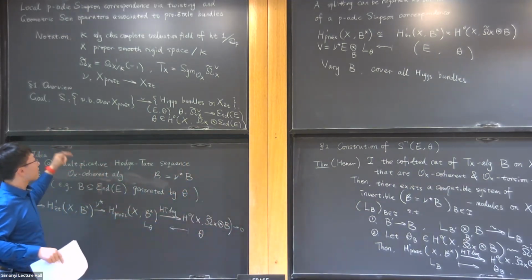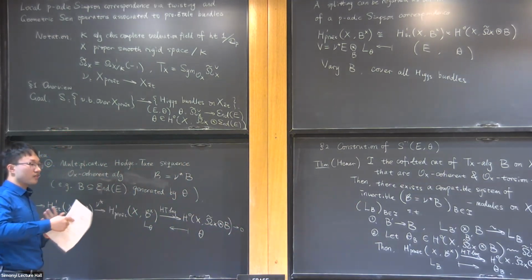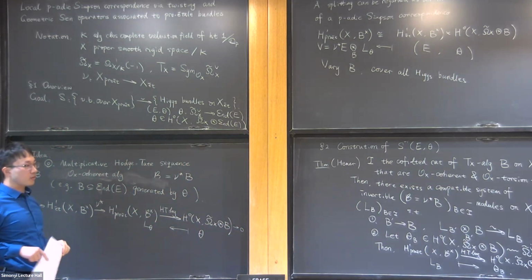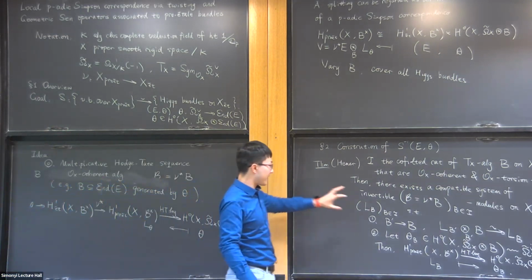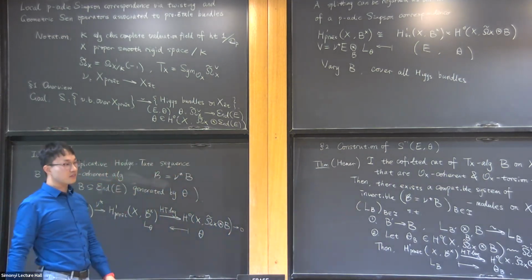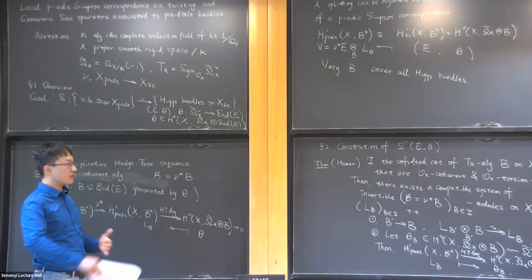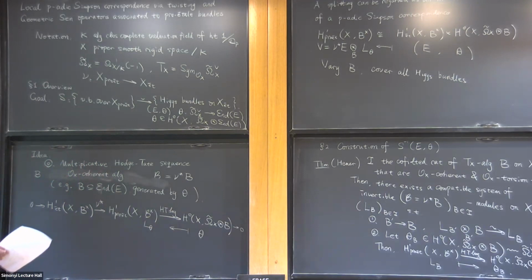So there are infinitely many such functors isomorphic to each other, but you couldn't pick a canonical one. My understanding is that every such datum will give you a functor like that. So the functoriality of this p-adic Simpson correspondence is very complicated.